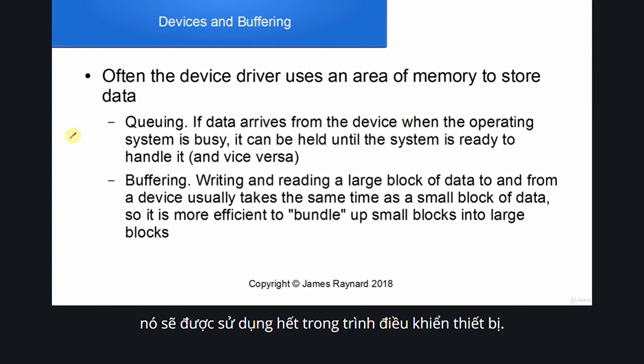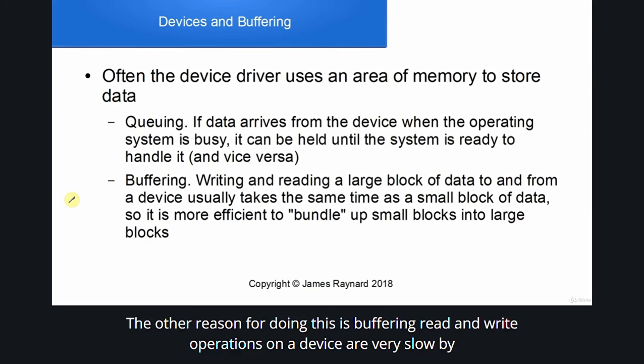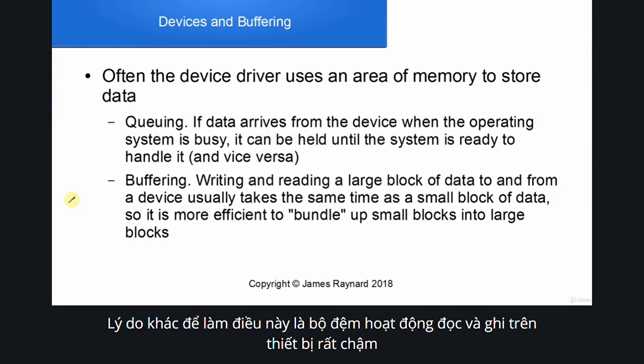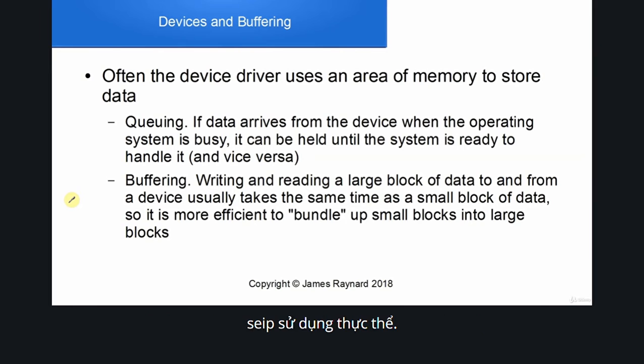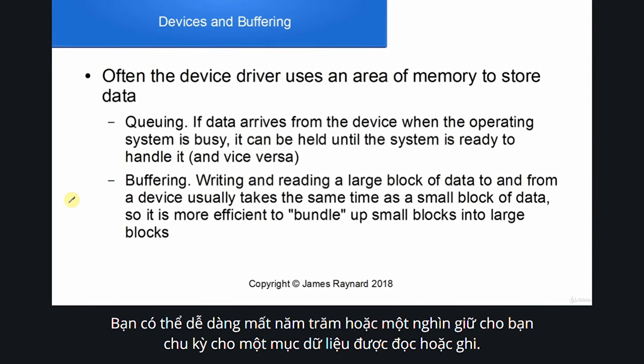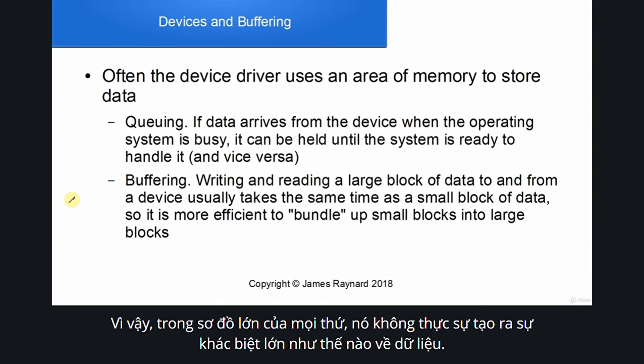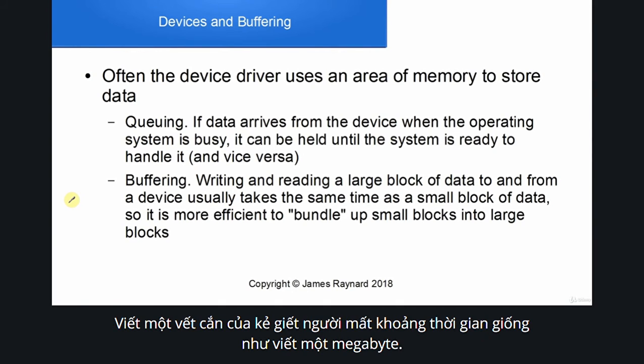The other reason for doing this is buffering. Read and write operations on a device are very slow by CPU standards. It could easily take 500 or 1000 CPU cycles for an item of data to be read or written. So in the grand scheme of things, it doesn't really make any difference how big the data is. Writing 1 kilobyte takes about the same time as writing 1 megabyte.